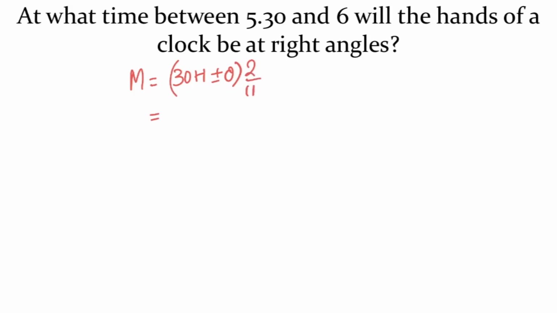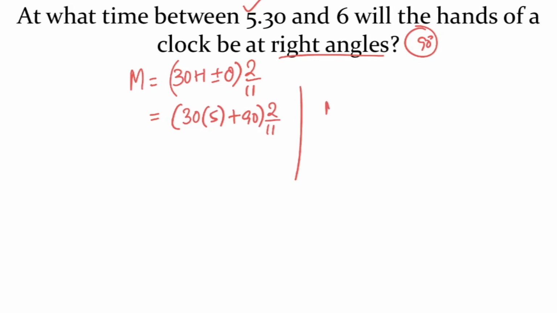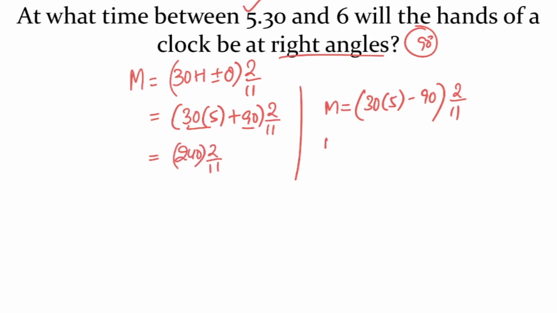Number of minutes is equal to (30 into hours completed 5 plus right angle 90 degrees) into 2 by 11, and number of minutes is equal to (30 into 5 minus 90) into 2 by 11. That's equal to (150 plus 90), 240 into 2 by 11. Number of minutes is equal to (150 minus 90), 60 into 2 by 11.